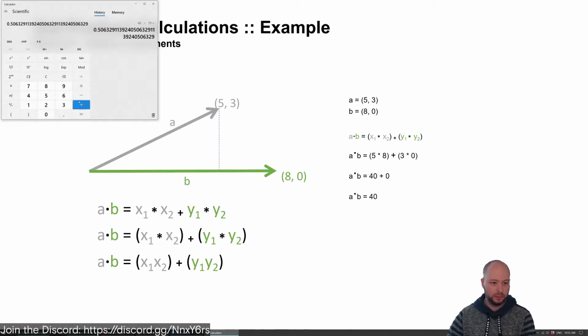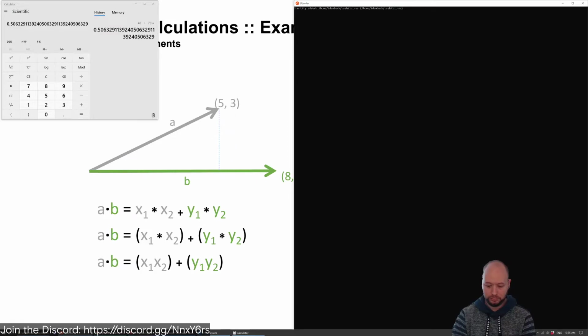I do not have inverse cosine, but maybe I have. Okay, so if we're in Python, we have 40 divided by 79.